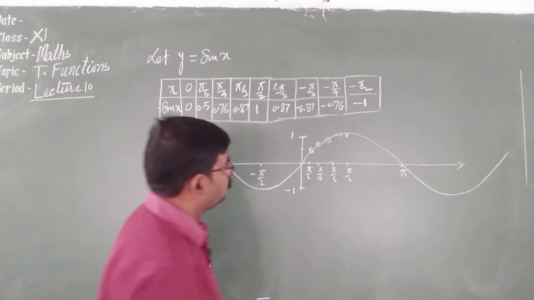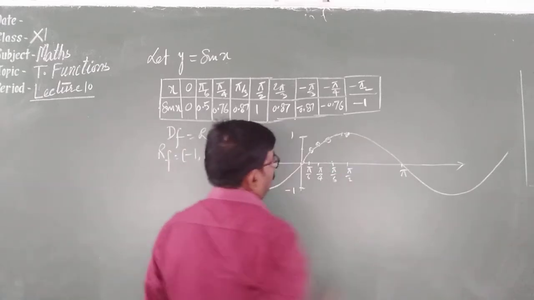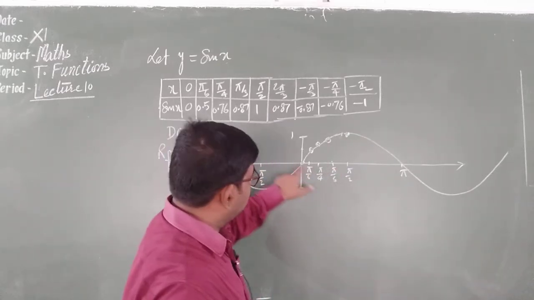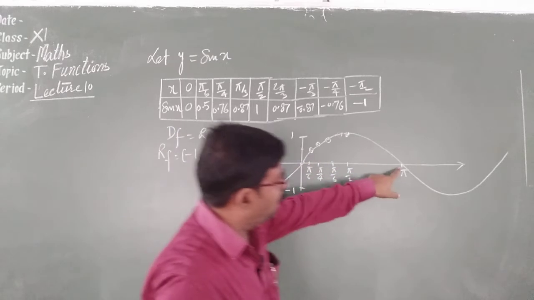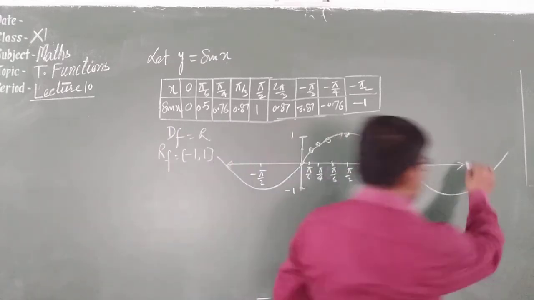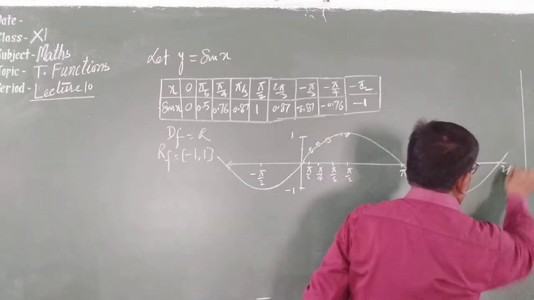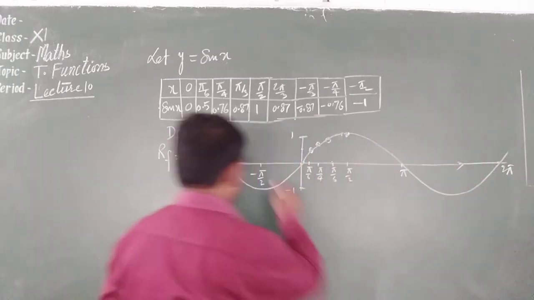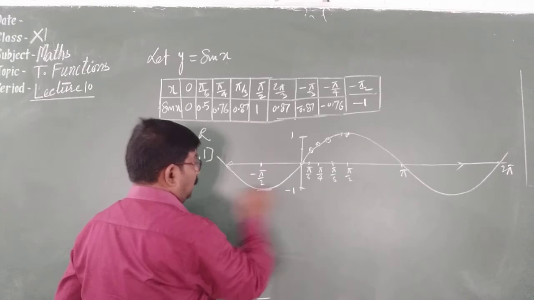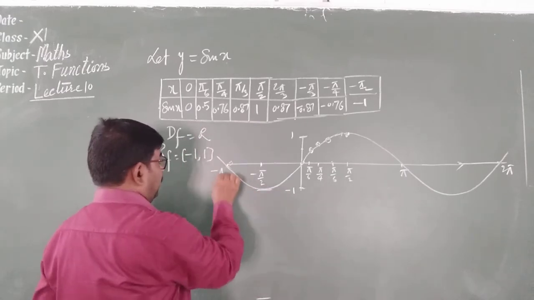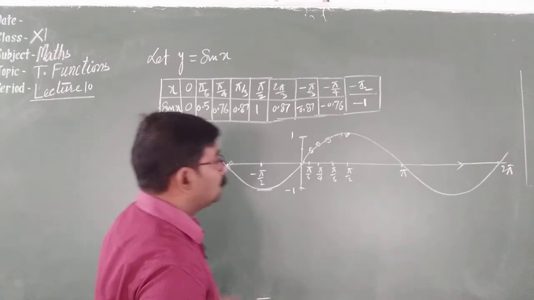So see, sine 0 is 0, sine pi is 0, sine 2 pi is 0, sine minus pi by 2 is minus 1, here this is minus pi, and so on.